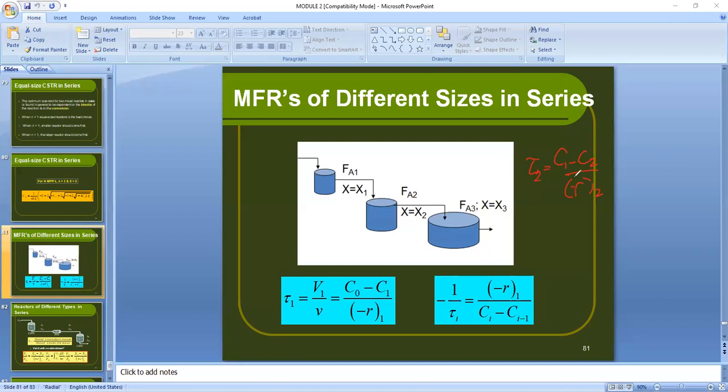Why do you think there's a need for a subscript 1 here and a subscript 2 here? Are these rate expressions different, or are they just labeled 1 and 2 because we're determining the space-time for reactor 1 and reactor 2? Are negative R parenthesis 1 and negative R parenthesis 2 the same or not the same?